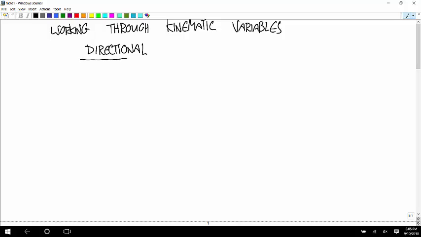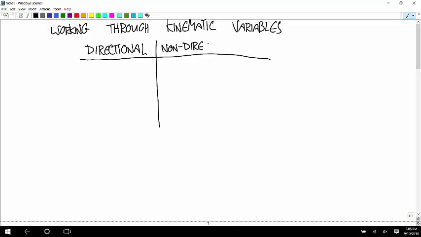The way it's included in one-dimensional motion is the sign. The sign tells you, positive refers to one direction and negative refers to the other direction. But we're more used to just in everyday speech talking about non-directional quantities.